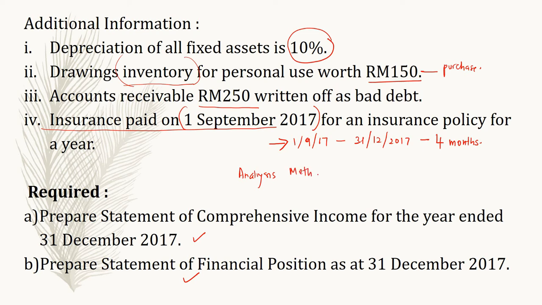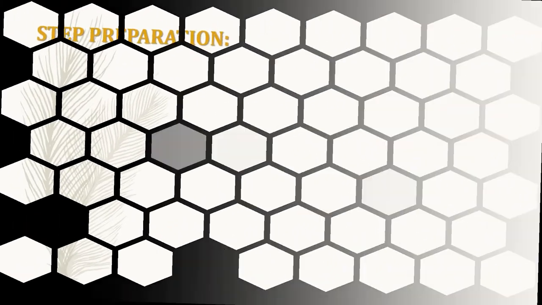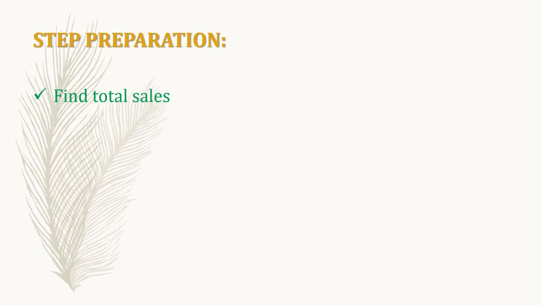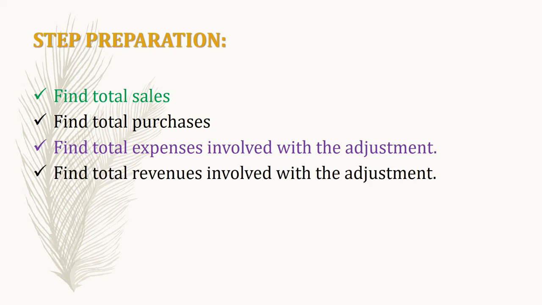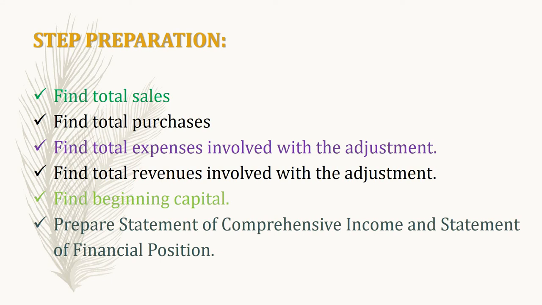When using the analysis method, you need to follow the steps given. You need to find your sales and then your purchases. Then we'll do adjustments to find the current revenues and also expenses, and only then we'll find our beginning capital. Then we are able to prepare our financial statements.